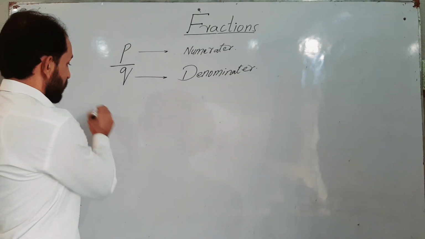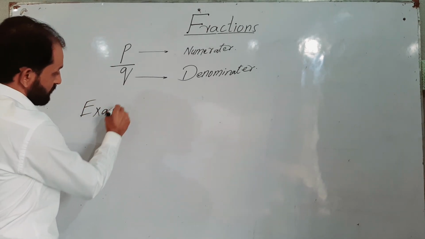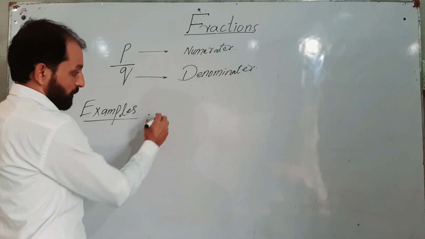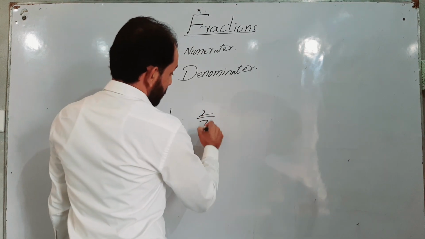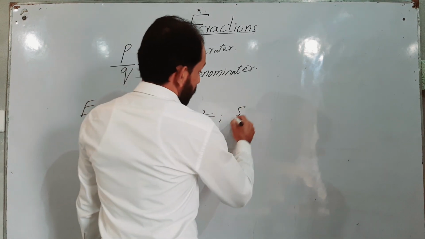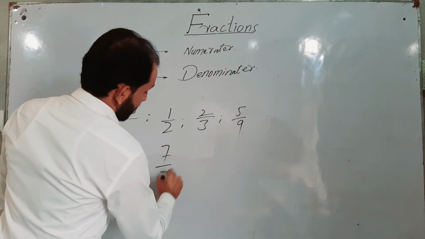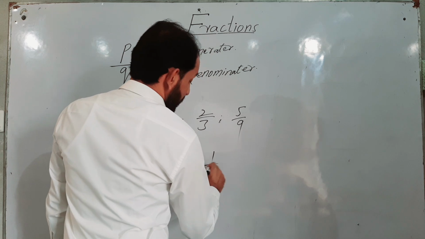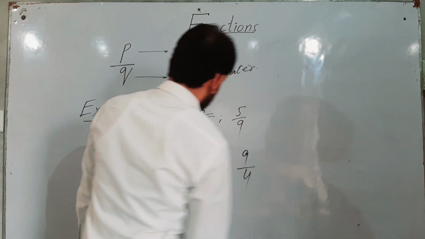The examples of fractions are 1 divided by 2, 2 divided by 3, 5 divided by 9, 7 divided by 2, 1 whole 1 divided by 2, 9 divided by 4.